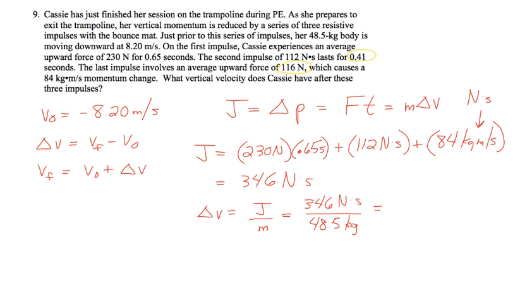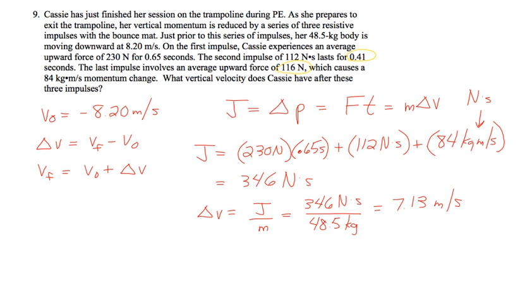So what's 346 divided by 48.5? 7.13 meters per second. And over here, I already said what I need to do to get the final velocity. I now have the change in velocity, and I have the original velocity. So just put those together, and that's going to give me my final velocity.